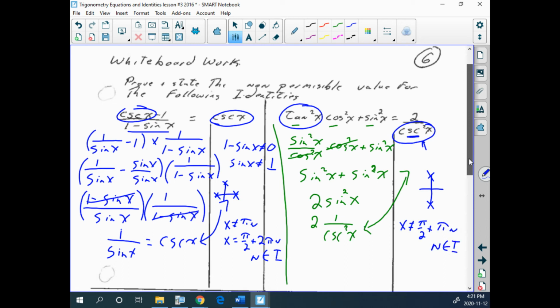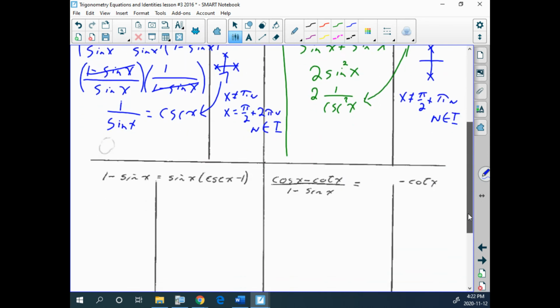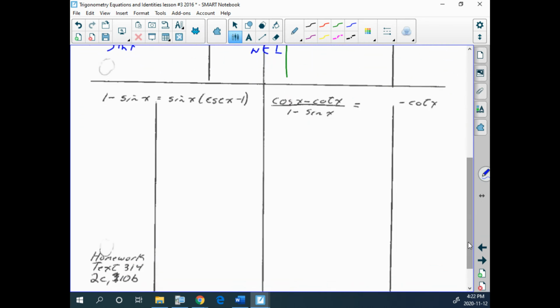So please pause and do the third one. The more complex side is this guy. There are a couple ways of doing this. Again, I don't really see any way other than turning cosecant into 1 over sine.